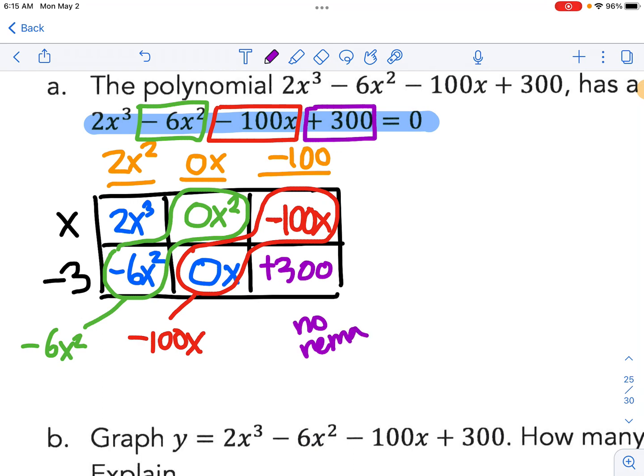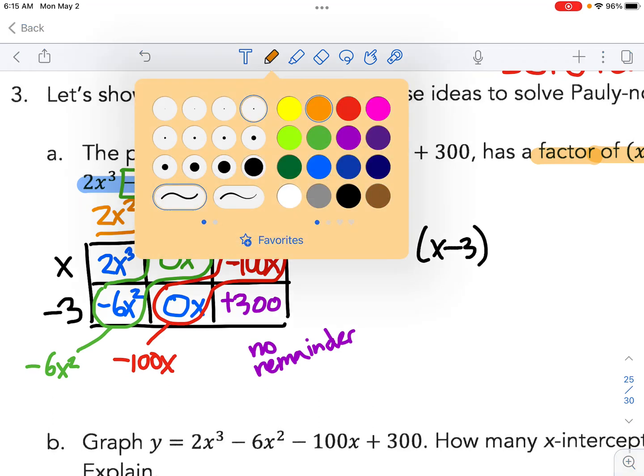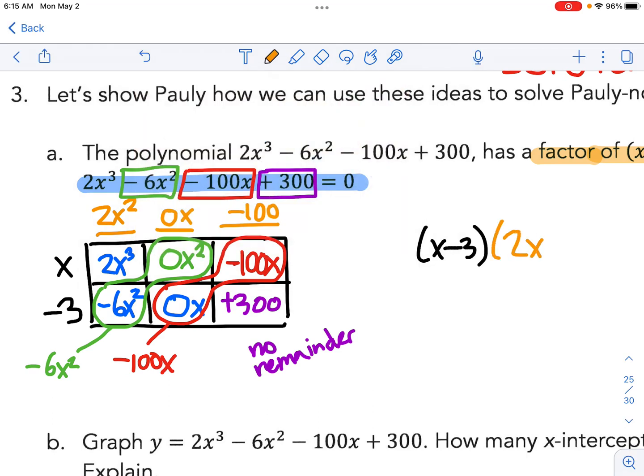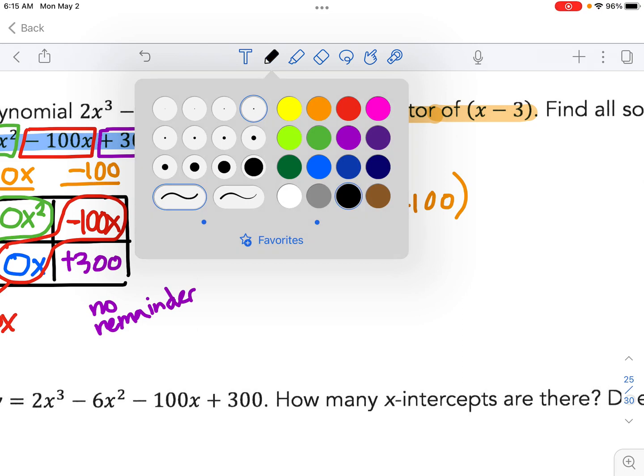So we know we have no remainder, which is what we expect, right? Because we know that x minus 3 is a factor. And so we know then that the polynomial is factored into x minus 3, that we were given, times 2x squared minus 100 equals 0.